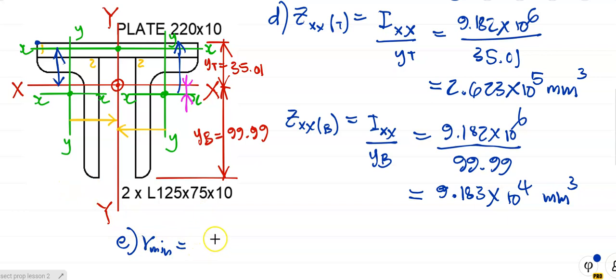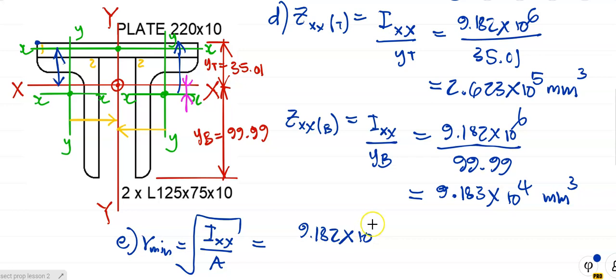So the smaller I value is IXX, so it's the square root of IXX over the total area. And what's IXX? It is 9.182 times 10 to the power 6 over the total area. And the total cross-section area, I think, is 6020 millimeters squared.